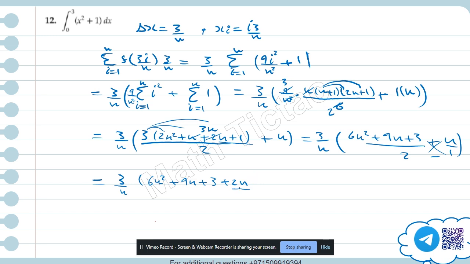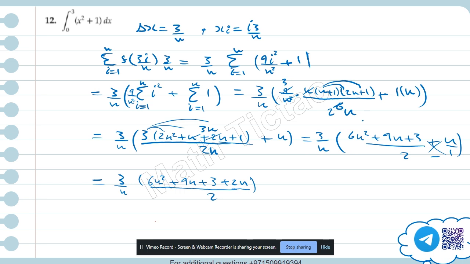Enter the 3 inside. So 3 times 6, which is 18 n squared, plus 27n plus 9, plus 6n squared. This is over 2n squared.